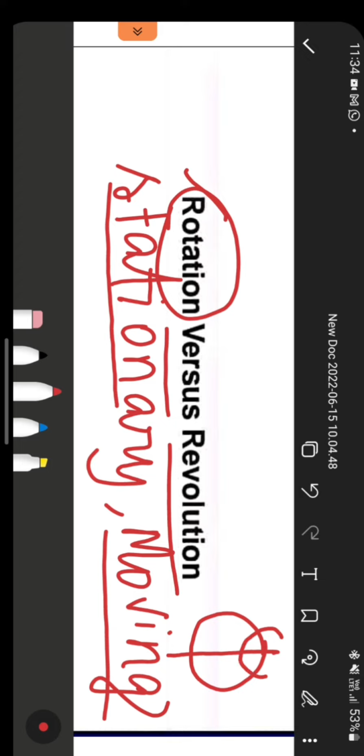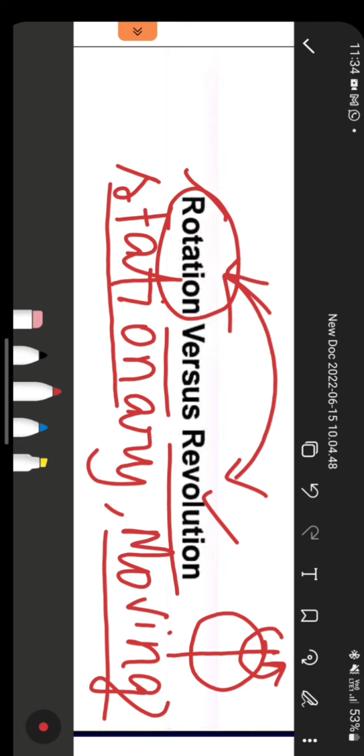Whenever the football turns along this axis, we call it rotatory movement or rotatory motion. We have known rotation previously, but revolution we will learn today, and also the relation between rotation and revolution.